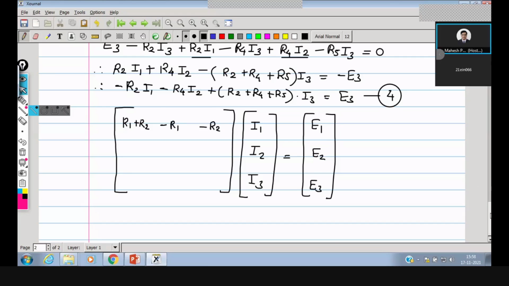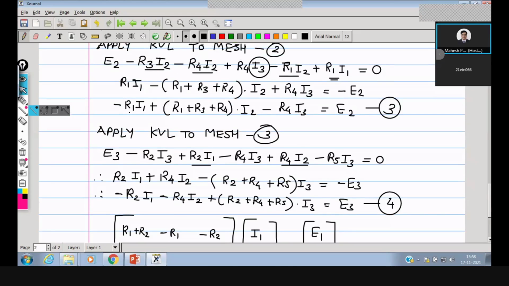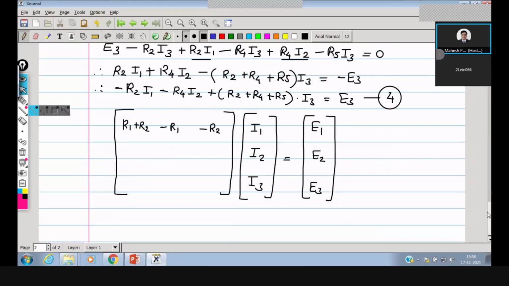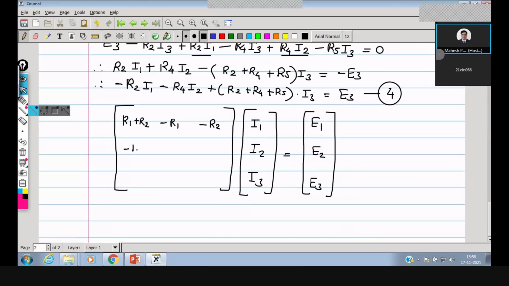Similarly, for equation number 3, that is minus R1, and here it is R1 plus R2 plus R4, and here it is minus R4. Clear? And similarly, for the third equation, we can write minus R2, minus R4, and here R2 plus R4 plus R5.